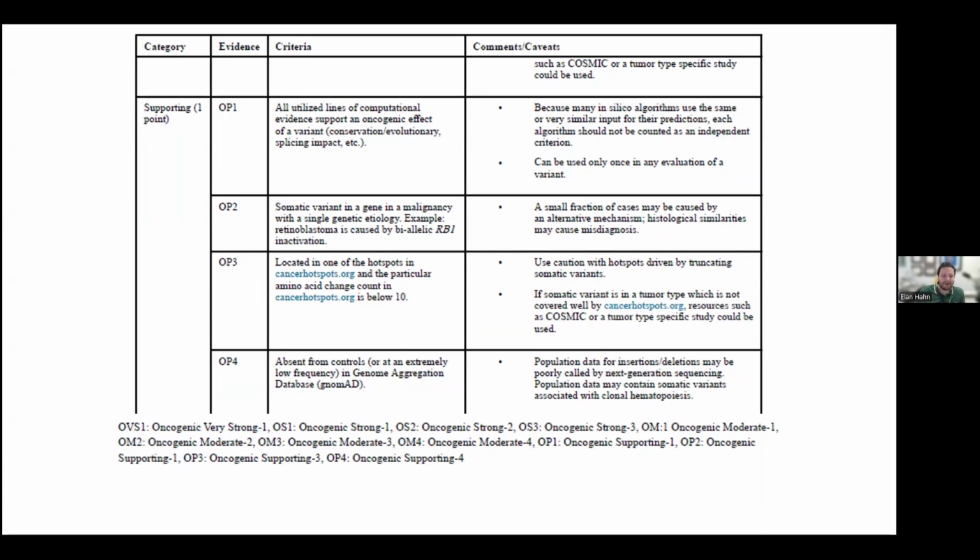And then we have our hotspot criteria, but here again, now we're going even lower in the count, where in the first case, the instances in cancer hotspots needed to be higher. Then at the next level of evidence, OM lower, and now even lower for OP3. And OP4 is absent from controls in population databases like gnomAD.